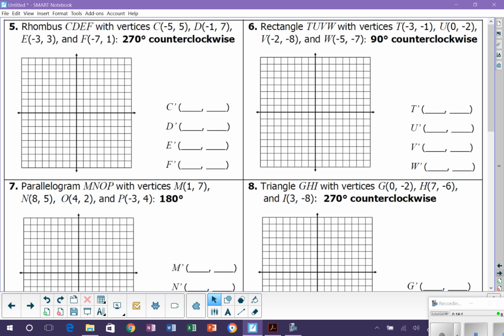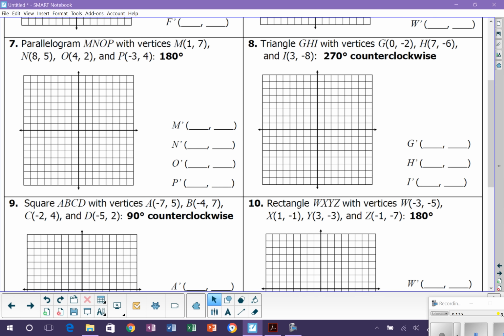So same thing. Same thing. Now, let's look at number 8.